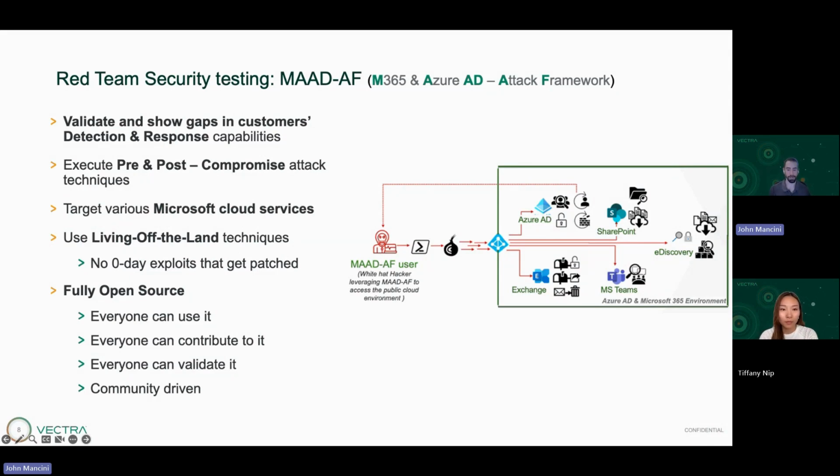And what we've seen as a way to help organizations see that themselves is red team testing. There's a particular framework that we at Vectra are big fans of called the MAD attack framework, MAD AF, which is really designed to help organizations identify security gaps in Entra ID/Azure AD and M365.